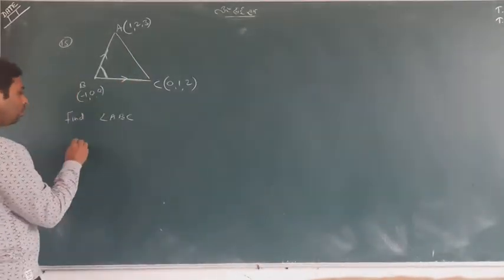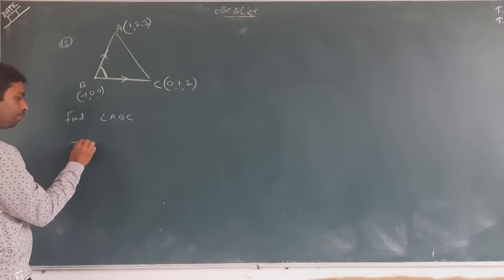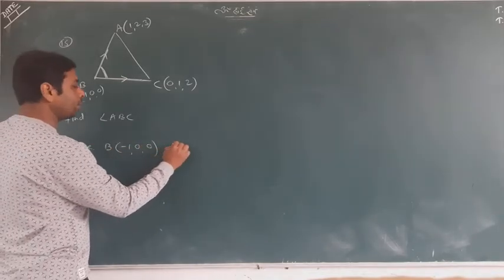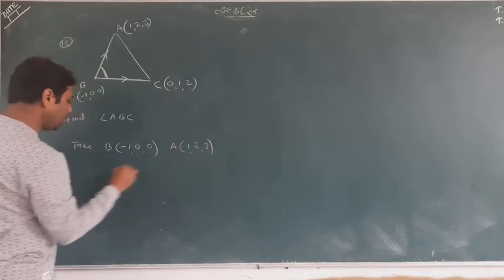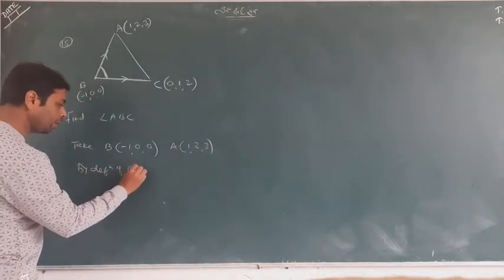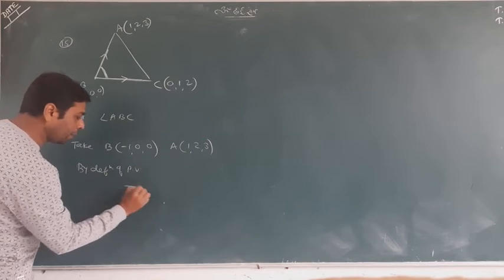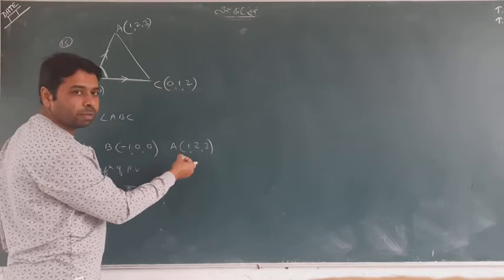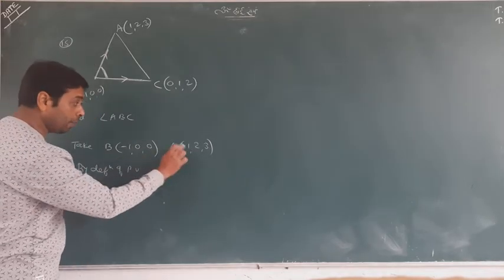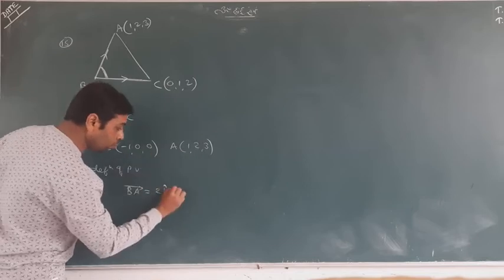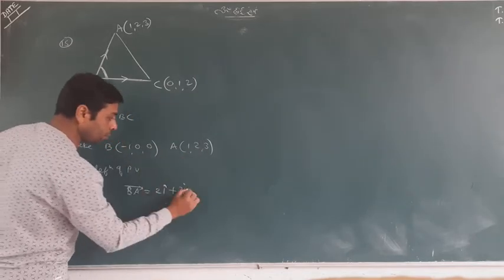Okay, first of all, I'll write here B and A. By definition of position vector, you remember how we can find the vector BA. First vector BA: B is given, A is given, BA is A minus B. 1 minus minus 1 is 2, 2 minus 0 is 2, 3 minus 0 is 3.